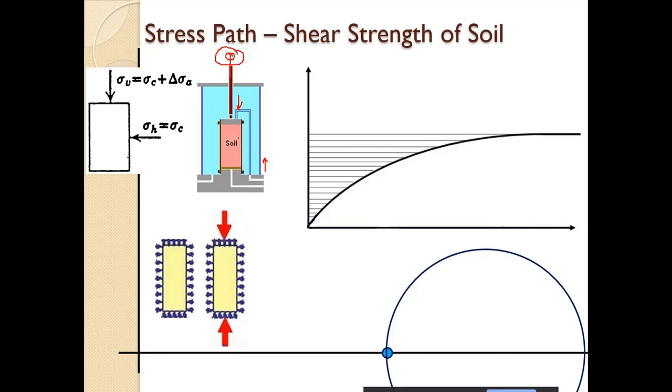Just like the friction which we observed yesterday: if we have a normal stress here and we apply a force, when we go on increasing the force, ultimately at a point this mass will start to move, and the force required to keep it in motion will decrease. Similarly here, this soil will fail, it will shear off.